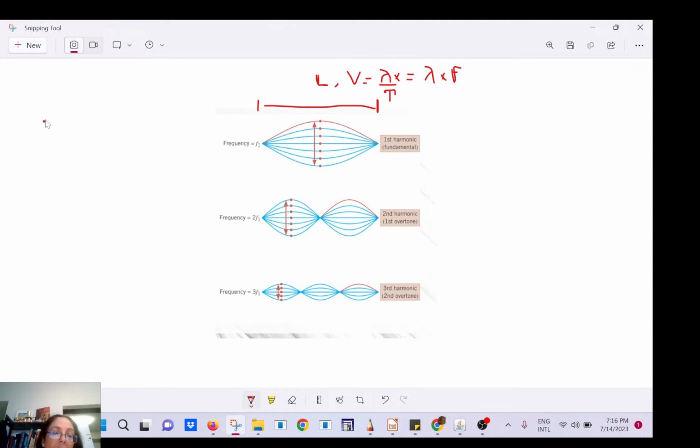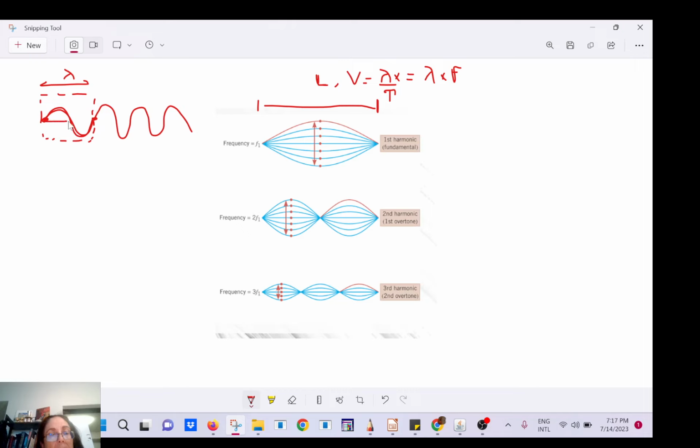So what's a wavelength? If you look at a wave, you take a snapshot at a given time, the wavelength is just the size of the cycle. So that's going to be the wavelength.